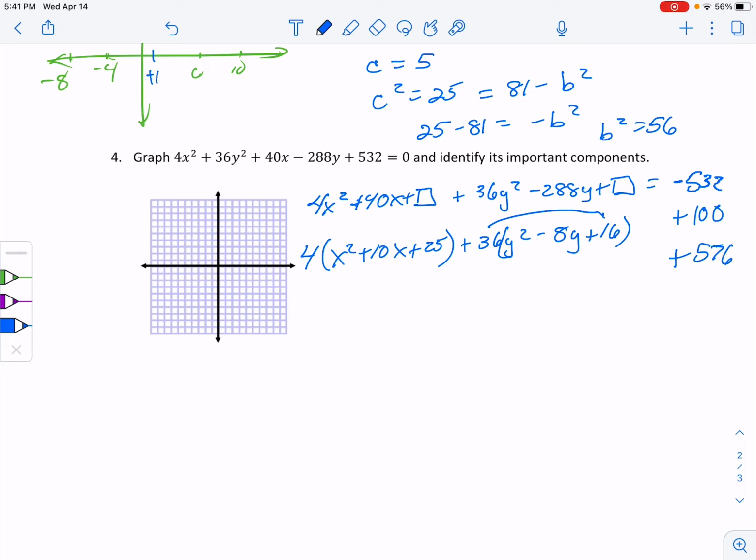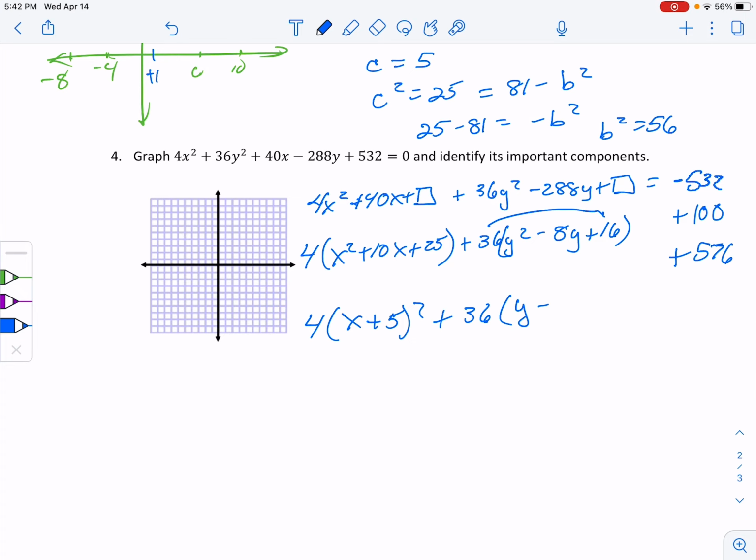Okay, so now you have 4 times x plus 5 squared plus 36 times y minus 4 squared equals what? Negative 532 plus 100 plus 576 is 144.